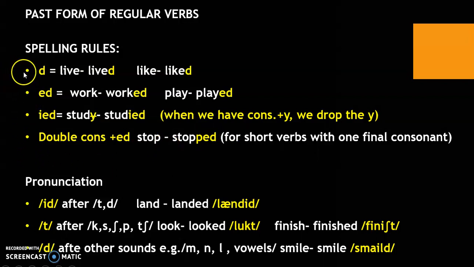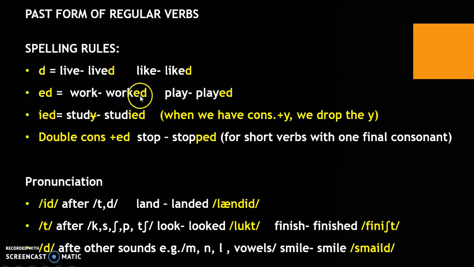There are 4 options. The first one is when we add D for regular verbs that end in E, such as live, like. We have live, lived, like, liked. We add ed to regular verbs such as work.